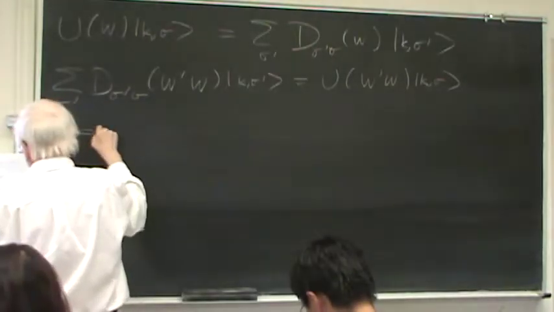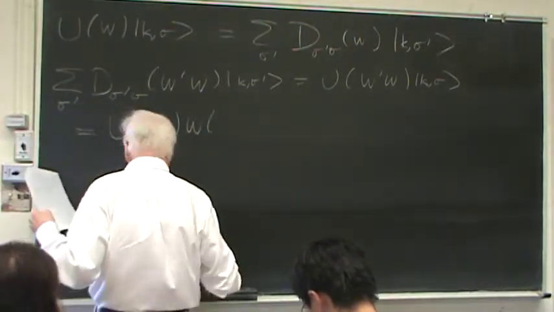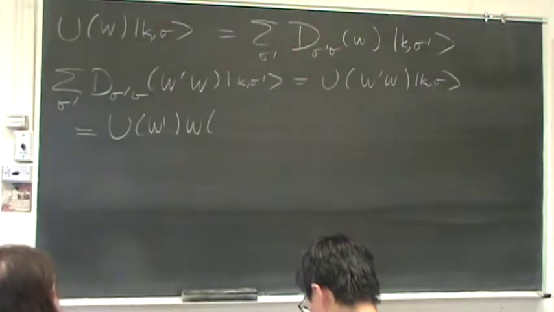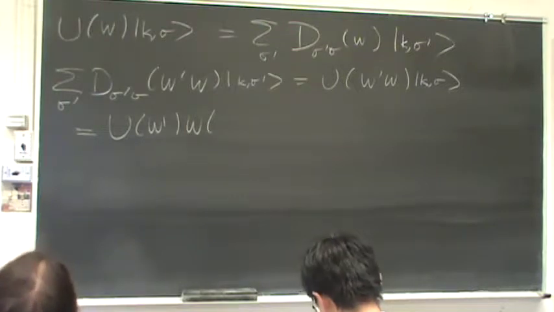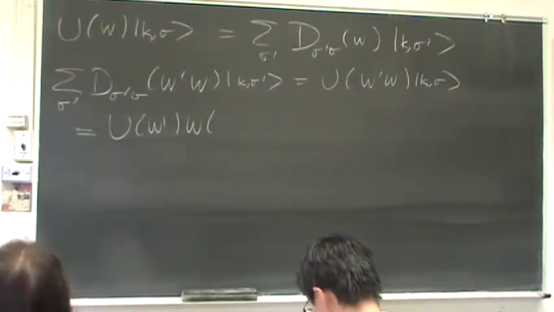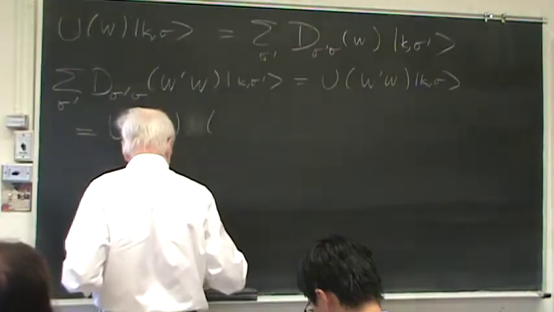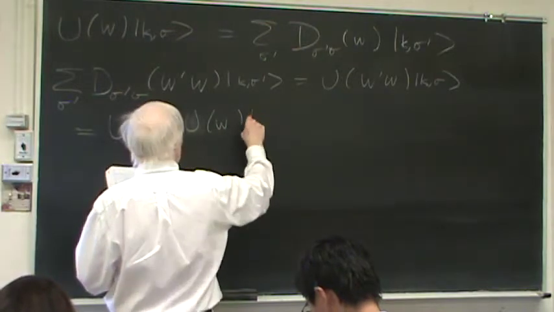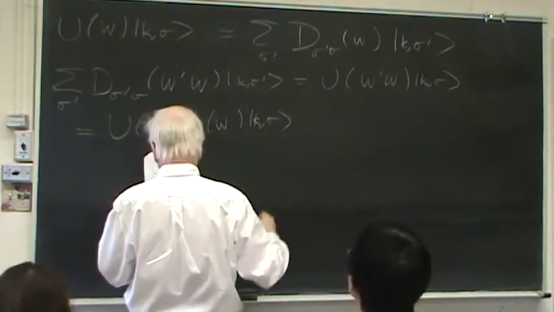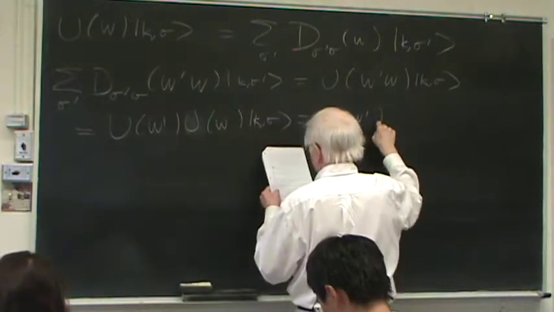And it's also U of W prime, U of W on K sigma. And so this is U of W prime.